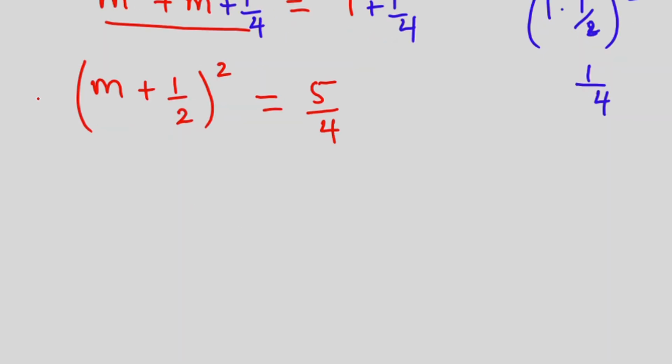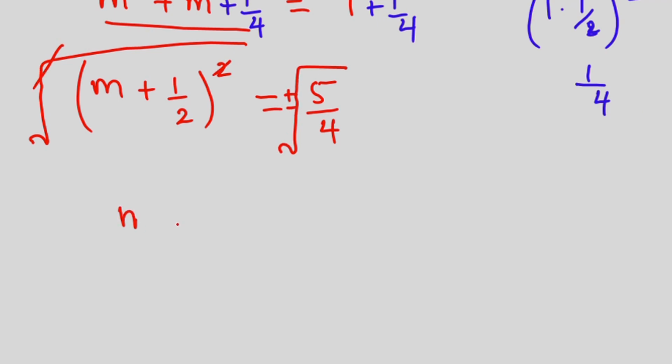And this time, we're going to take the square root on each side of the equation. Then we have plus or minus here. This and this will go, and we have m is equal to, let's transpose this 1/2 so that we get negative 1/2 plus or minus square root of, now I mean this could be simplified as square root of 5 divided by 2.